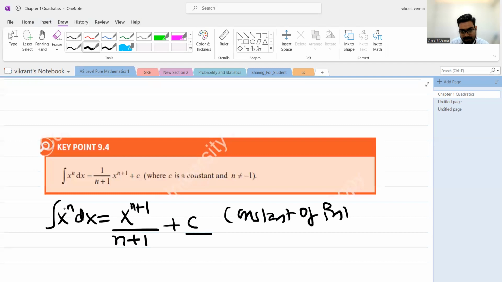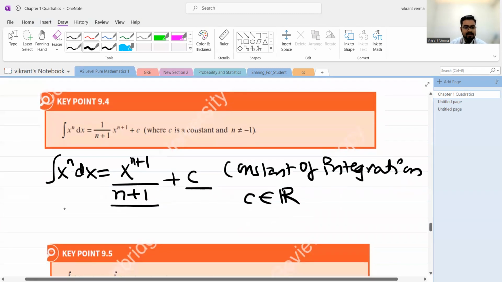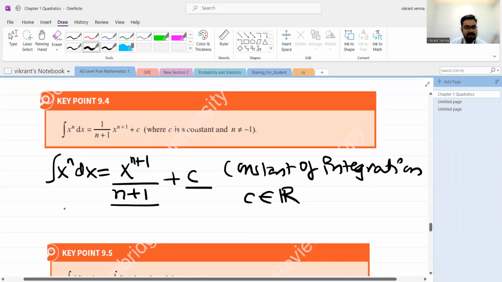This is constant of integration. And this c is what? It belongs to any real number. C can be any real number. Okay. And see, since the denominator, division by 0 is not possible, the value of n can be any integer.